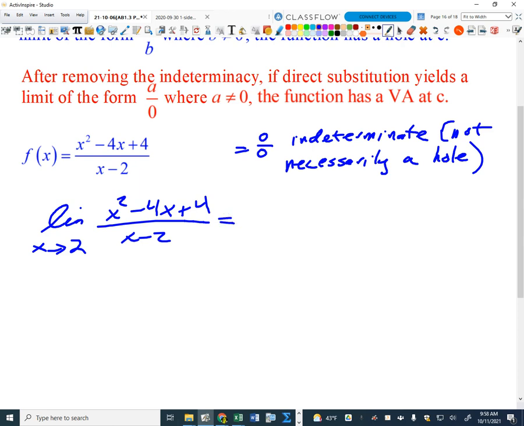We've got to remove the indeterminacy and see what it is. Well, we know how to remove indeterminacy. In this case, we've got to factor it and cancel factors. So what's that? x minus 2 times x minus 2, right? x minus 2 squared. Let's just write it that way. Cancel like factors, right? So we can do this.